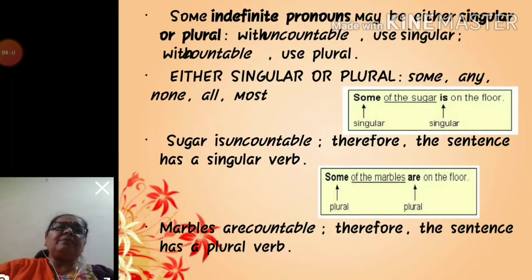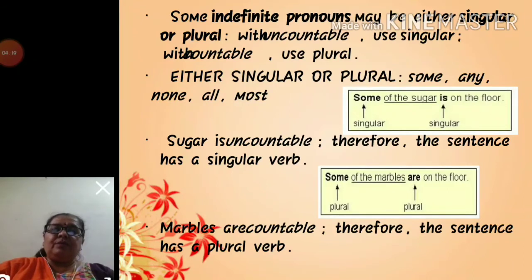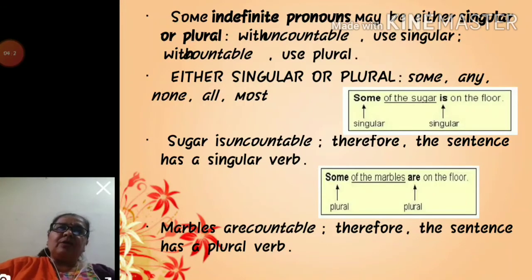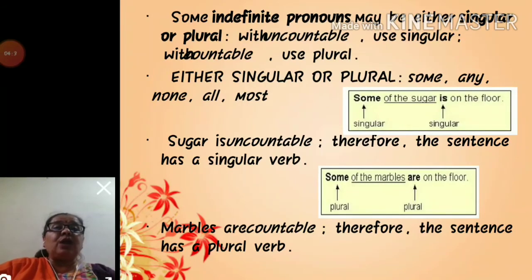Now there are some indefinite pronouns which can be either singular or plural. When they are uncountable, we take them as singular. But when they are countable, we take them as plural, like with some, any, none, all, most. If you are using uncountable, you will use a singular verb.